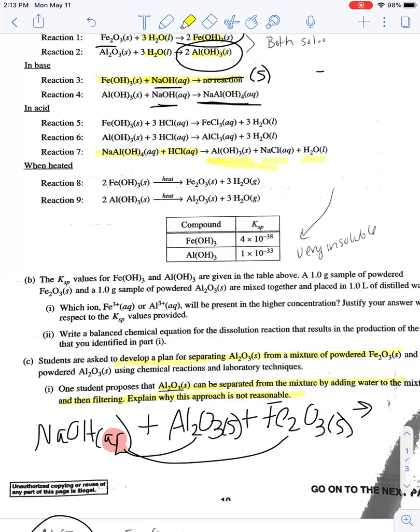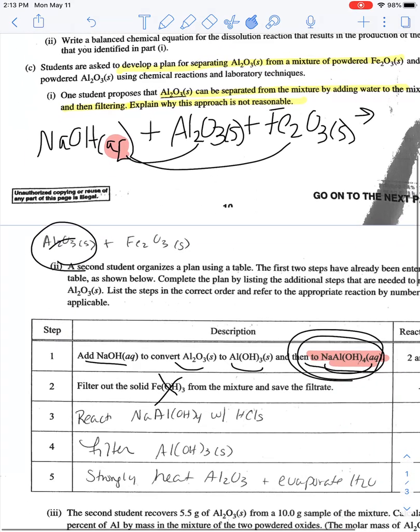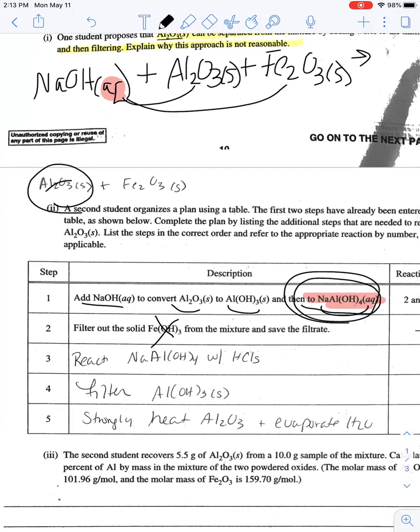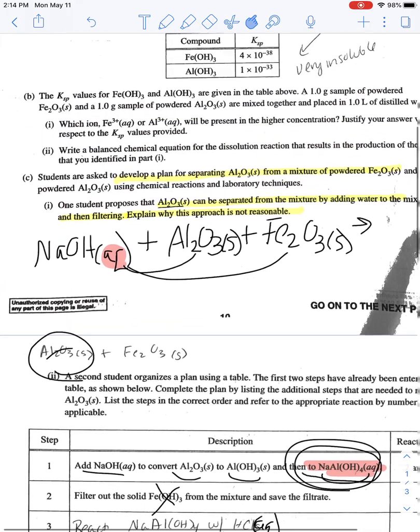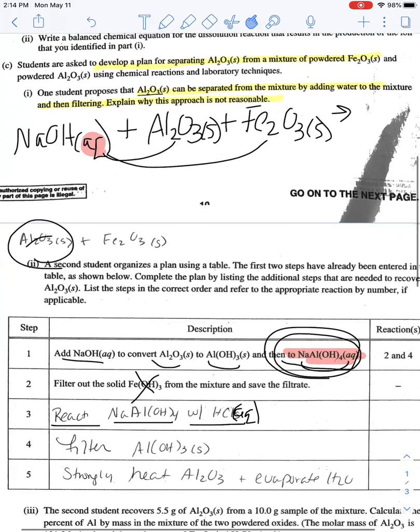Looking at this, I can filter out the Al(OH)3 because it's a solid, and the other ones are going to go right through the filter paper. So step 3 would be to react that with HCl aqueous. That reaction is reaction number 7, so you would write 7.